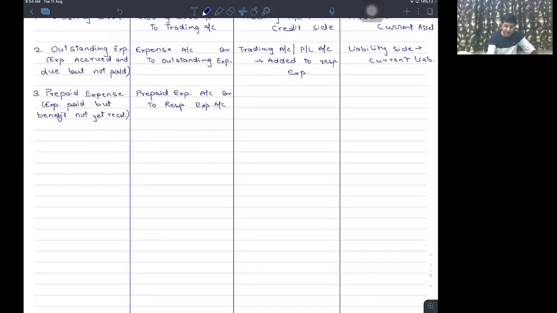In the same way, in the trading or in the P&L account, instead of adding, it will get subtracted, reduced from the respective expense. And in the balance sheet, how will it appear?